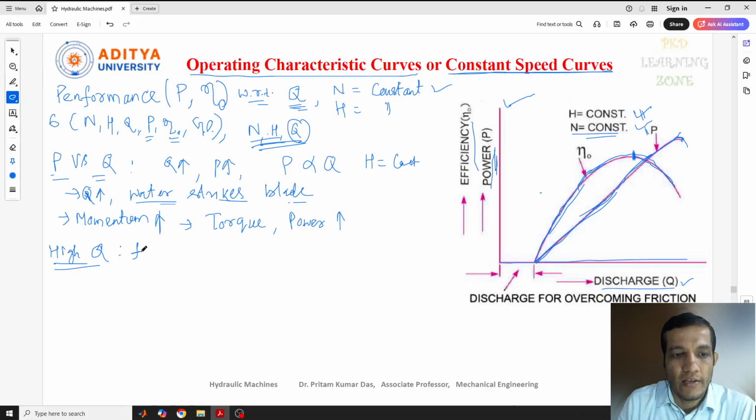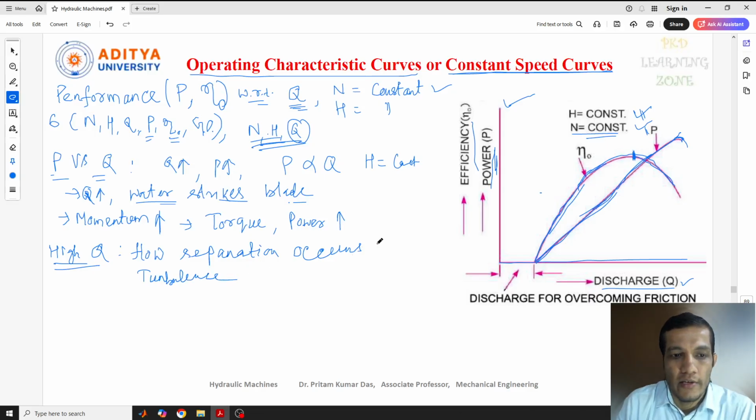The flow separation occurs at high speed or high discharge. Why does it occur? Because more turbulence will be there. So turbulence also increases at this point.